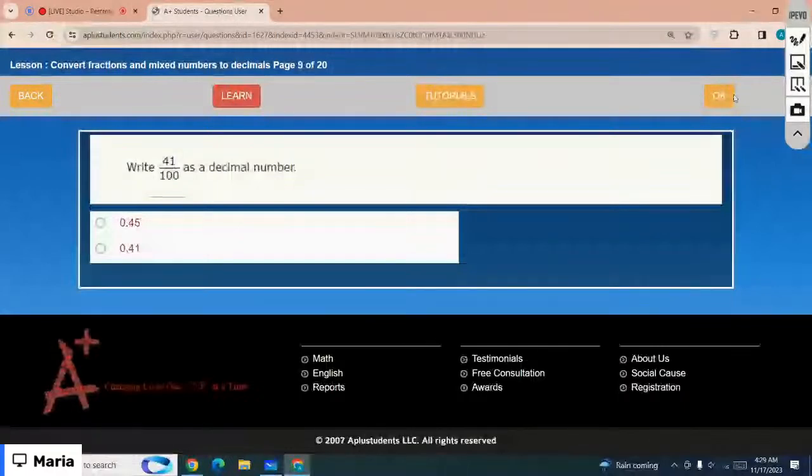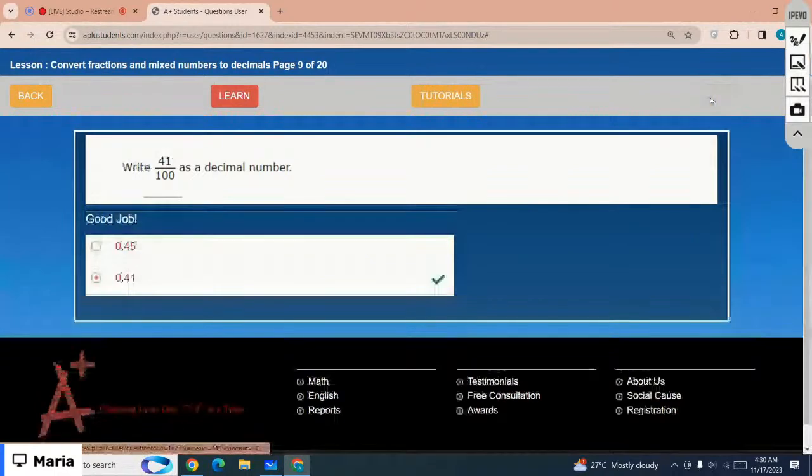Okay, write 41 over 100 as a decimal number. So which is the correct option? Yes, 0.41 is the correct option.